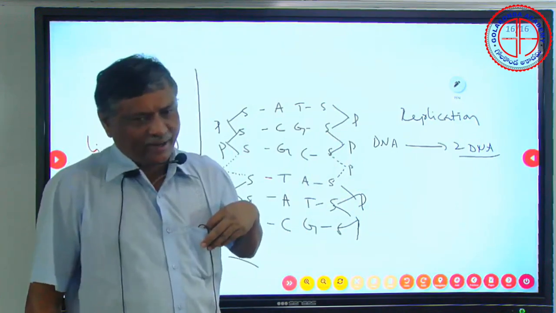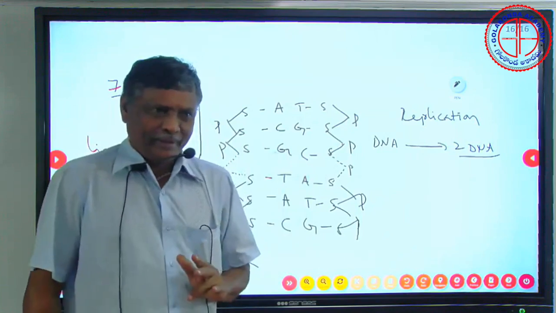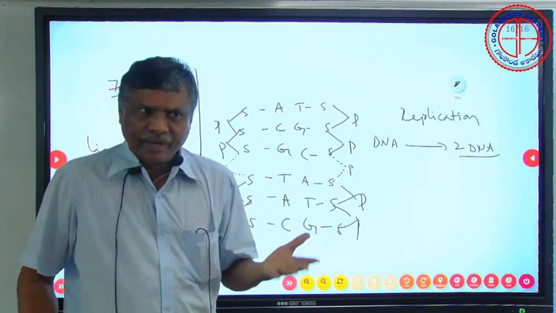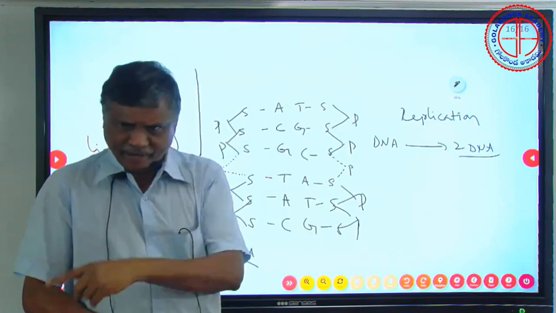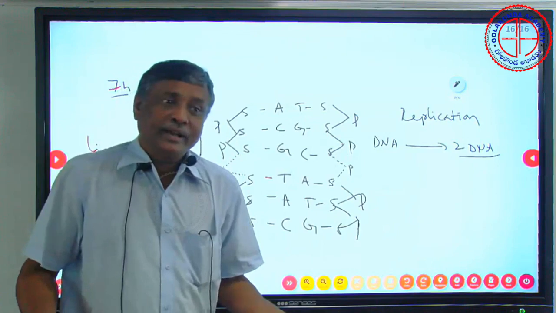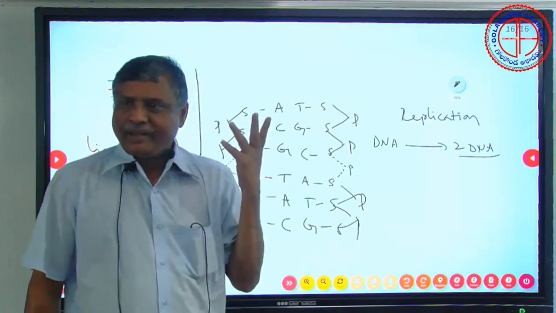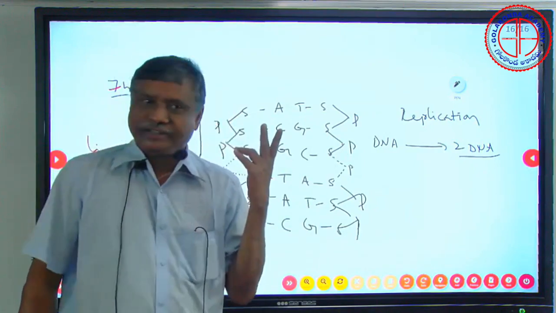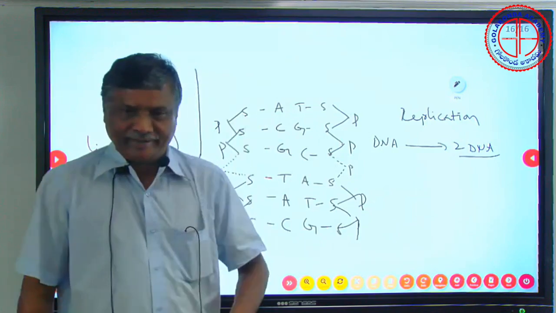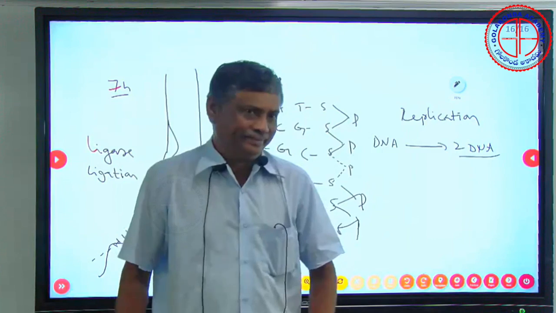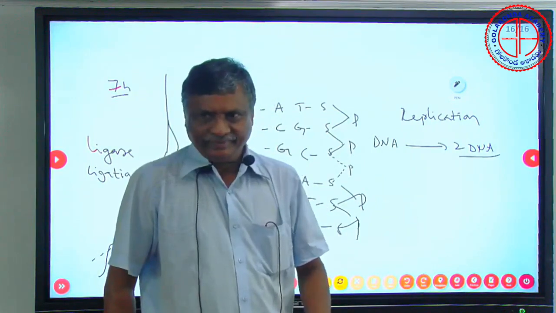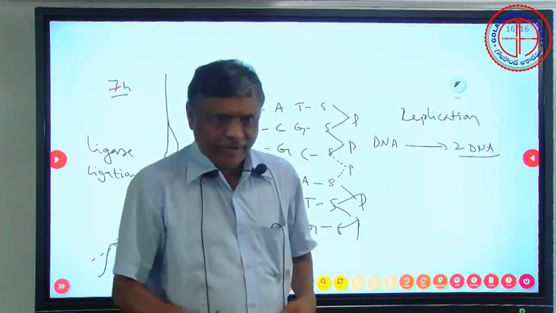Whether we say 2 or DNA, there is no problem. But what is the condition? What is replication? Synthesis of DNA from DNA is known as replication, also known as duplication, also known as autocatalysis, also known as Xerox. A Xerox of DNA. What is replication?